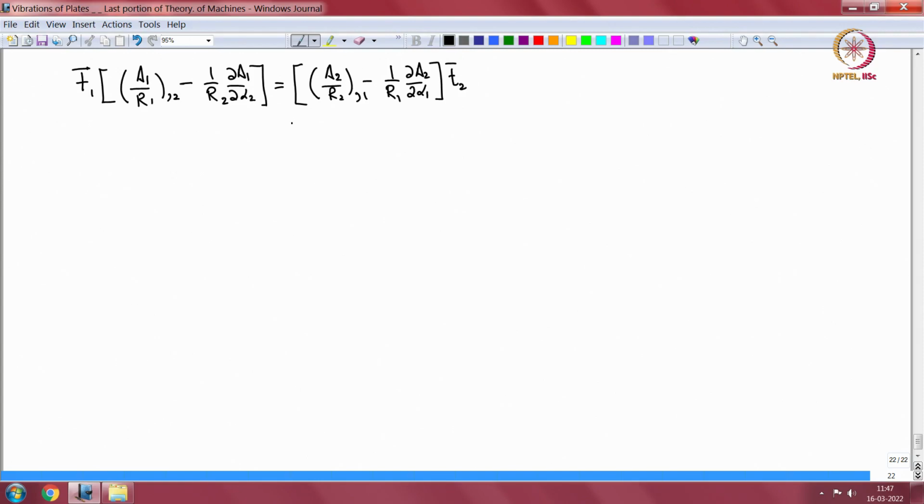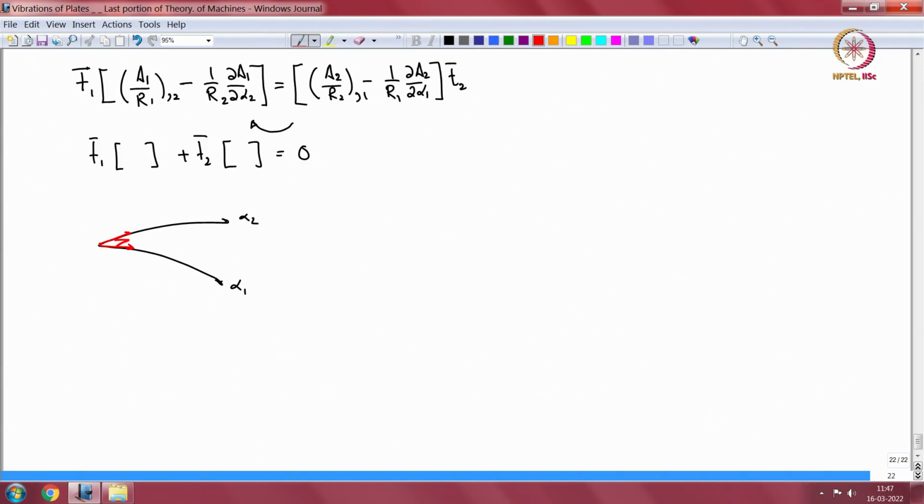If I bring it onto one side, what I have is T1 times something plus T2 times something else equal to 0. Okay, so if we look at the surface now, this is alpha 1, this is alpha 2, and T1 is the unit tangent vector, T2 is the unit tangent vector.